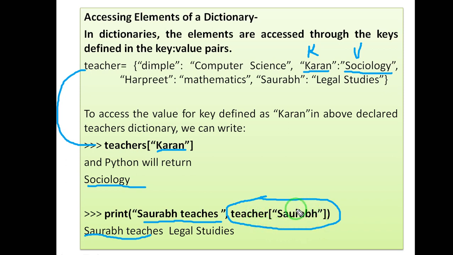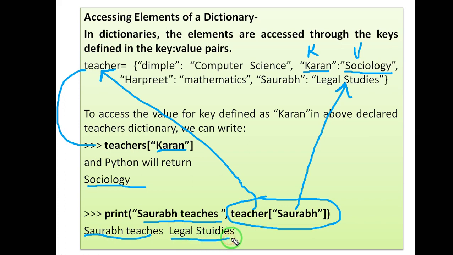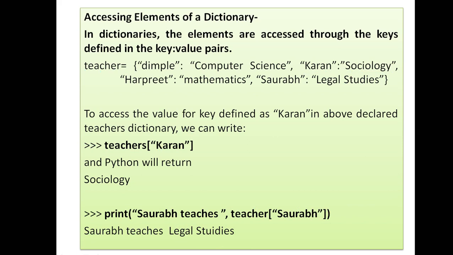Whichever value Saurabh is referring to will be displayed. Saurabh is referring to legal studies in the teacher dictionary, so it will display legal studies. Saurabh teaches legal studies. I hope this is clear to you. If you want to access a particular value, you have to specify the key.